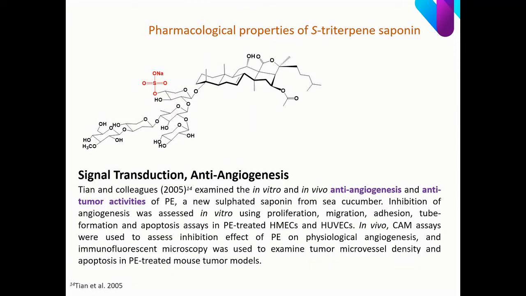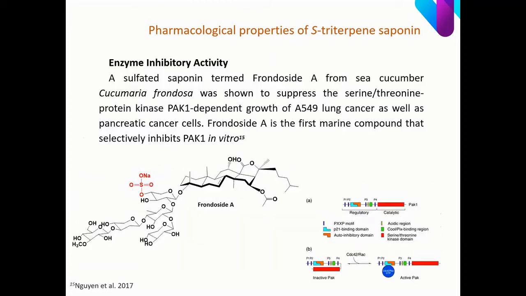The results show that sulfur-containing saponins affected signal transduction and showed anti-angiogenesis property.